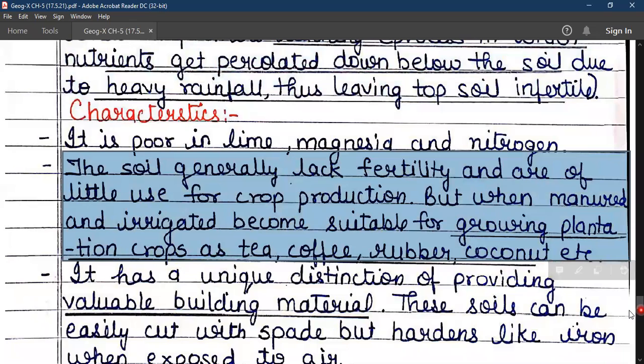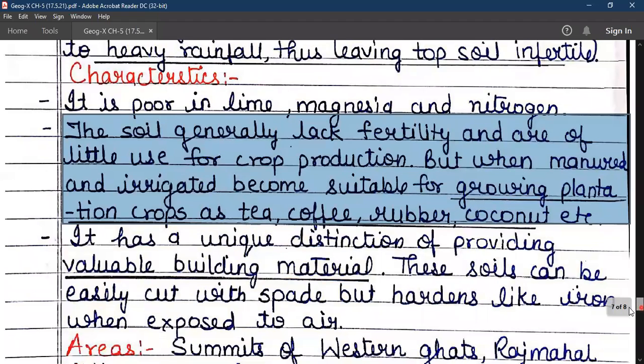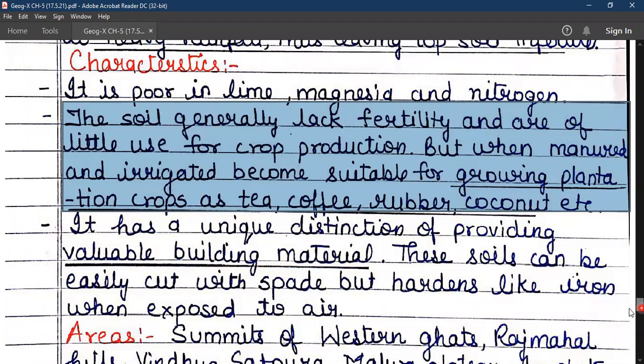But when manured and irrigated, it becomes suitable for growing plantation crops such as tea, coffee, rubber, coconut, etc. Nitrite soil has a unique distinction of providing valuable building material. These soils can be easily cut with a spade but harden like iron when exposed to air.